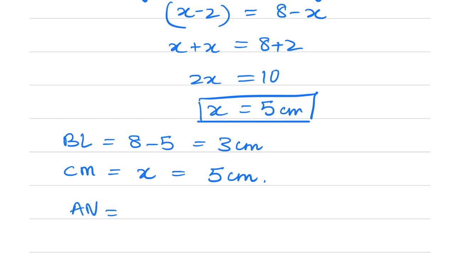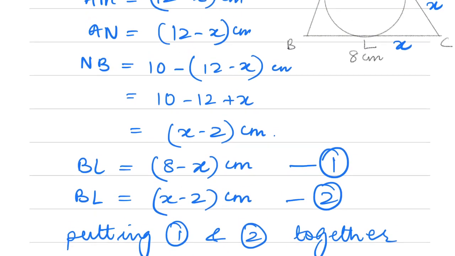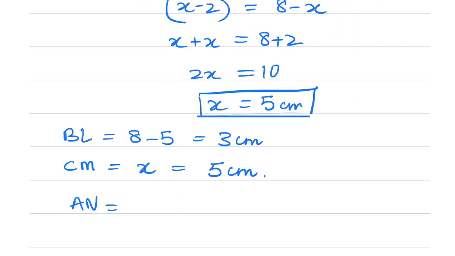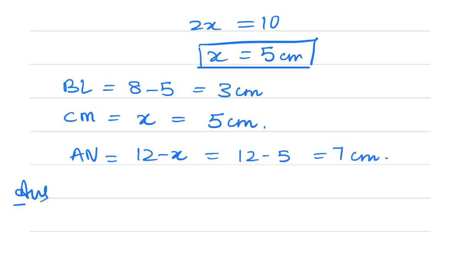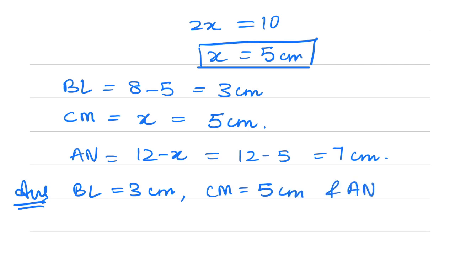AN is equal to 12 minus x centimeter. So this is equal to 12 minus 5. So this is equal to 7 centimeter. So answer we can write down as BL is equal to 3 centimeter, CM is equal to 5 centimeter and AN is equal to 7 centimeter.